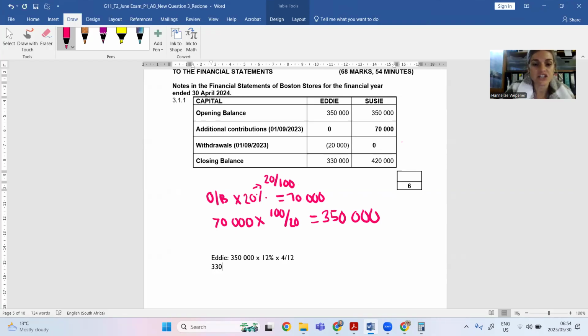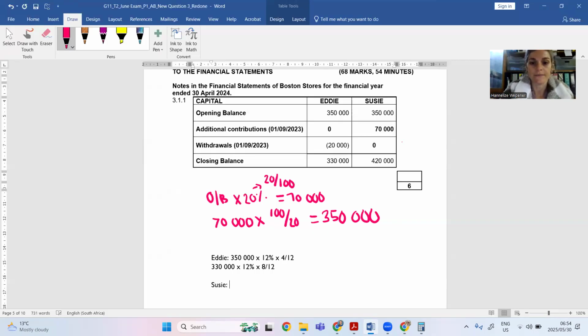Then he changed his capital, still earning 12% for the remainder of this year, starting September, October, November, December, Jan, Feb, March, April, the last month of the current financial year. So times 8 over 12.